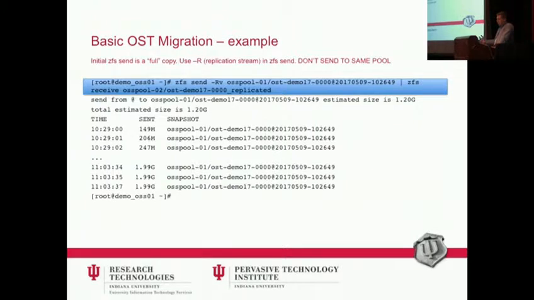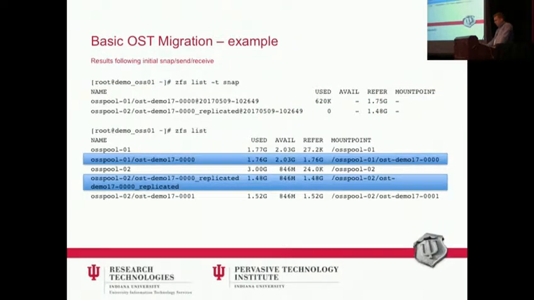This can give you some timings or intervals that you can compare as you get into the incremental sends. So after you've created that snapshot, if you run your snapshot list command again, after we've created it and replicated it, you'll see we have a source snapshot and a destination snapshot. And when we run our ZFS list command, you can see both the source and destination VDEVs or OSTs.